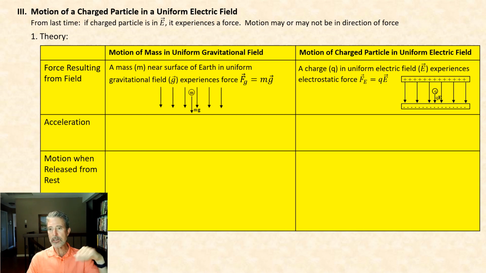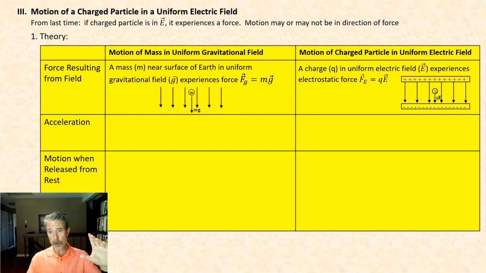the plates. So you'll notice in the diagram here we have a charged particle Q placed in this region, and it too is going to experience a force given by QE. Now, one of the differences between a mass in a gravitational field and a charged particle in an electric field is that there's only one type of mass, and therefore only one direction that the force on the mass can have.